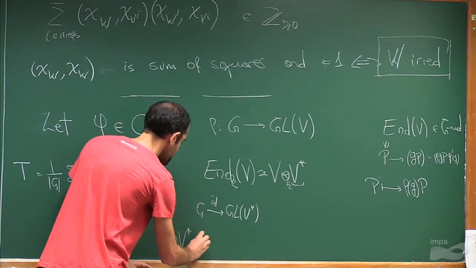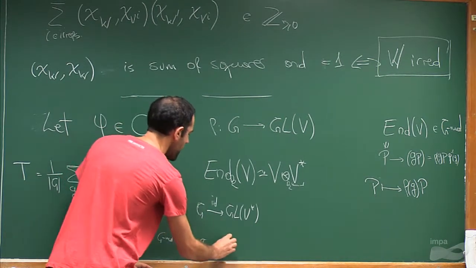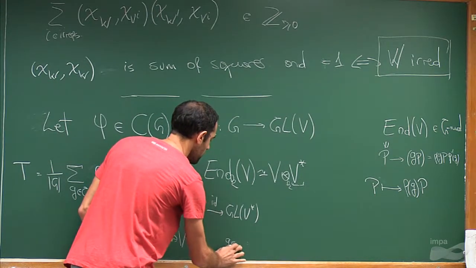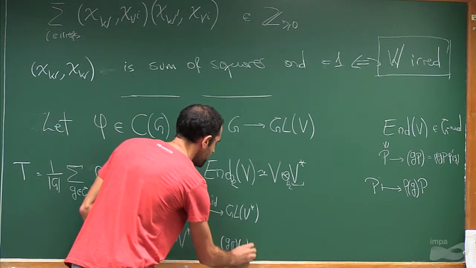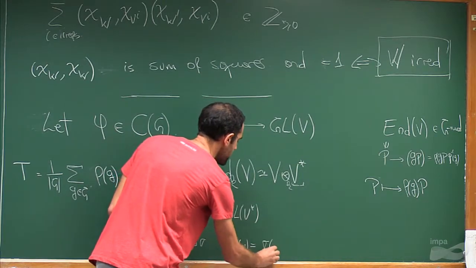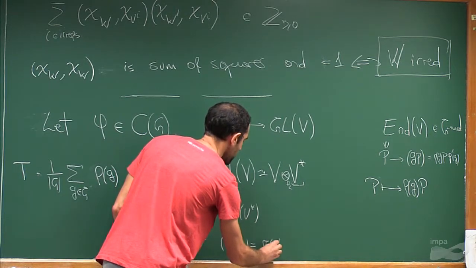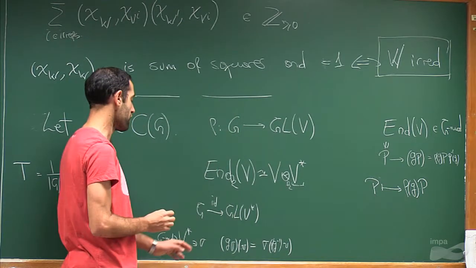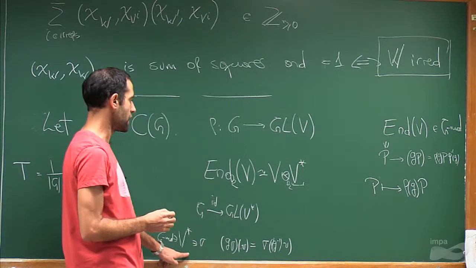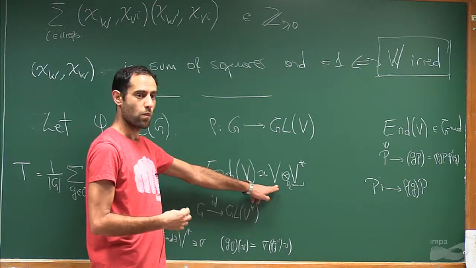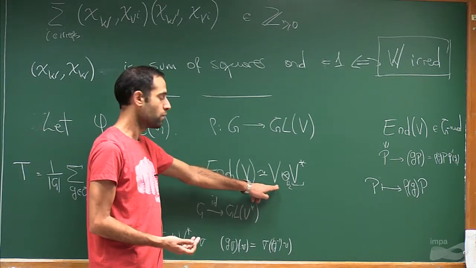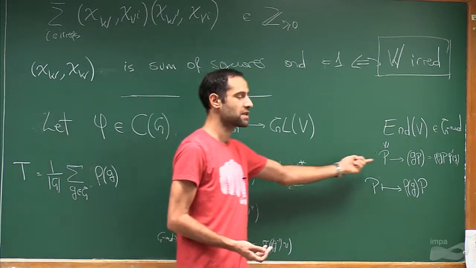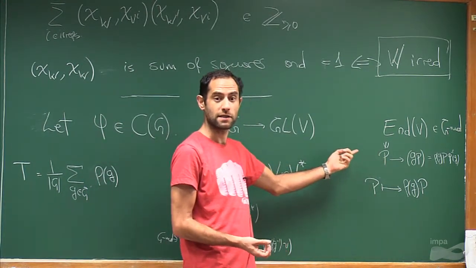If you give me some sigma here, then g acting on sigma, evaluated in a vector v, we define that to be sigma of rho of g inverse acting on v. So now if you take this representation of V star and you tensor it with V, with this representation, you get the representation by conjugation. That was one of the exercises in the homework.